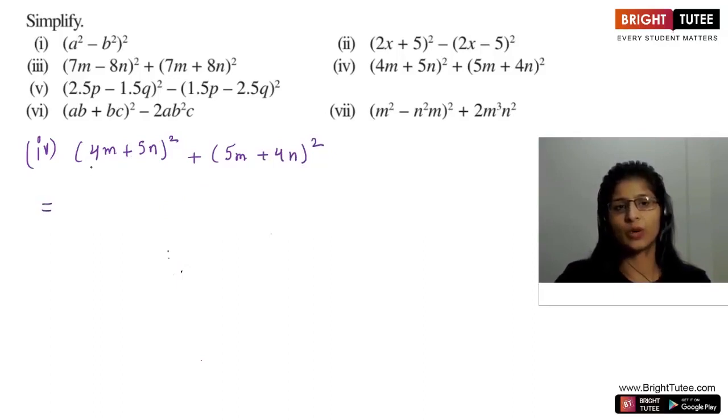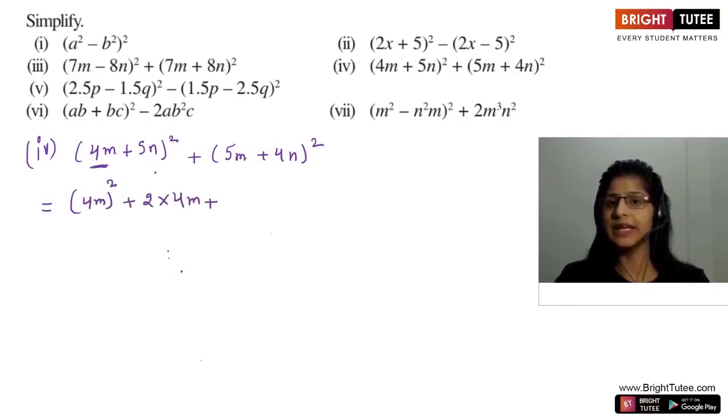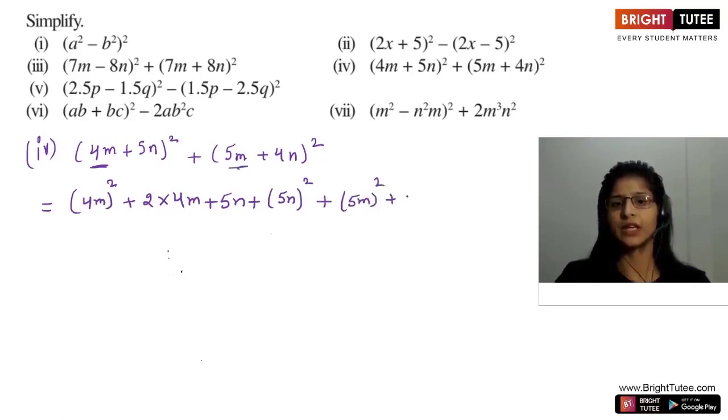In the first one, what is a? 4m. 4m whole square plus 2 into a, that is 4m, into b, which is 5n, plus b square, that is 5n whole square, plus in this we have a as 5m, square, plus 2 into a, which is 5m, into b, which is 4n, plus square of b, that is 4n whole square.